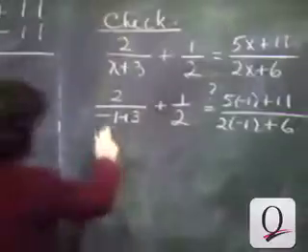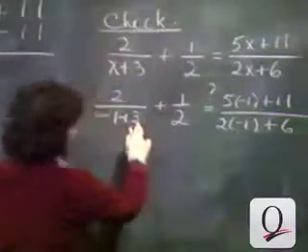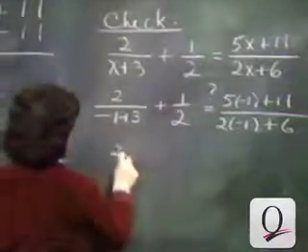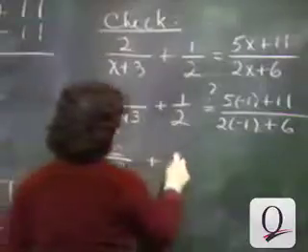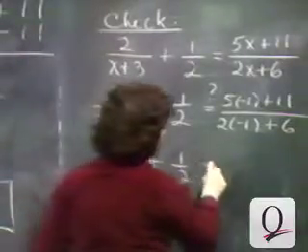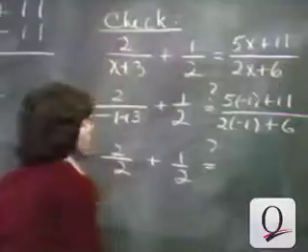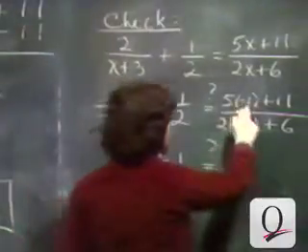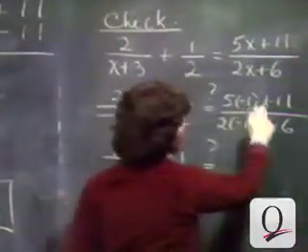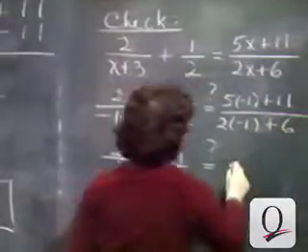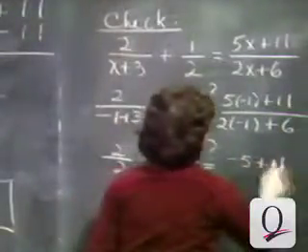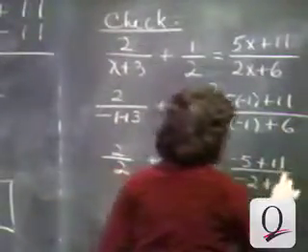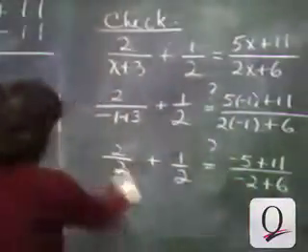Okay, minus 1 plus 3 will give us 2. This is 2 over 2 plus 1 over 2 should be equal to, now we have minus 5 plus 11 over minus 2 plus 6. 2 halves plus 1/2.